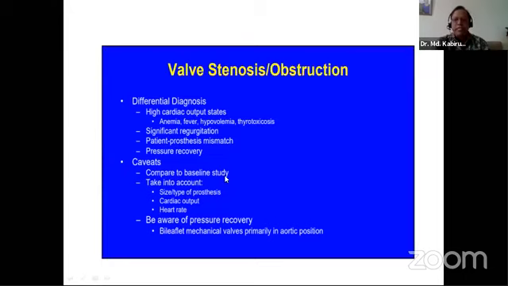Whenever you get a stenotic gradient across any prosthetic valve, you have to think of a differential diagnosis. You have to think about high cardiac output states, for example anemia, fever, hypovolemia, thyrotoxicosis, and differentiate this high volume state from genuine prosthetic obstruction. Next is significant regurgitation, patient prosthesis mismatch, pressure recovery like this.